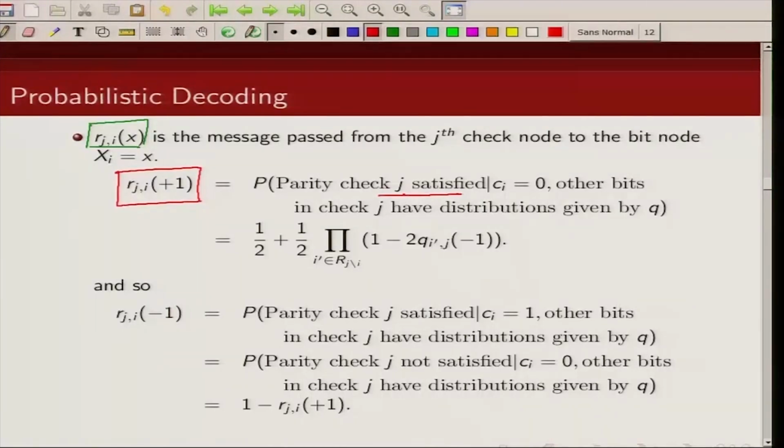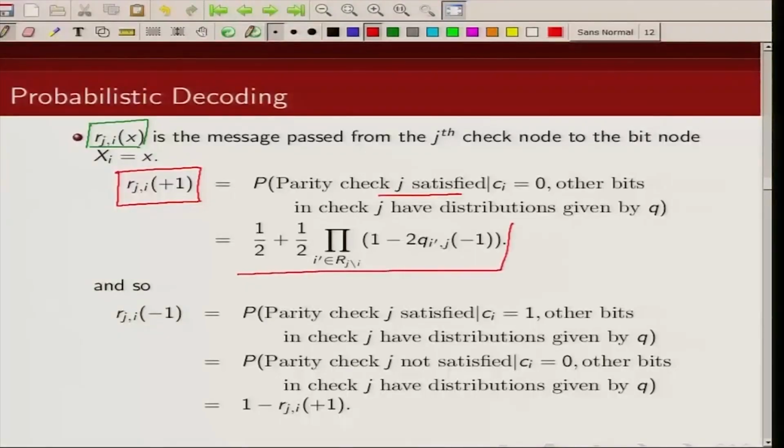That probability is given by the condition that all other bits taking part in the parity check constraint, other than the Ci bit, should have even parity, and that is given by this expression. Similarly, we can find the probability that RJI is minus 1; this is 1 minus this probability.